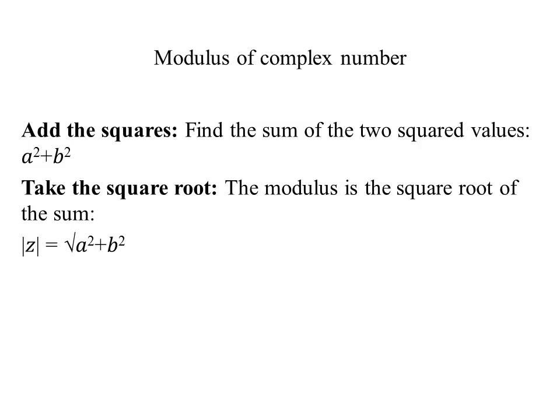Find the sum of the squares, that is a square plus b square. And after that, take the square root. The modulus is the square root of the sum, that is mod z is equal to root of a square plus b square. With this I will conclude this session.